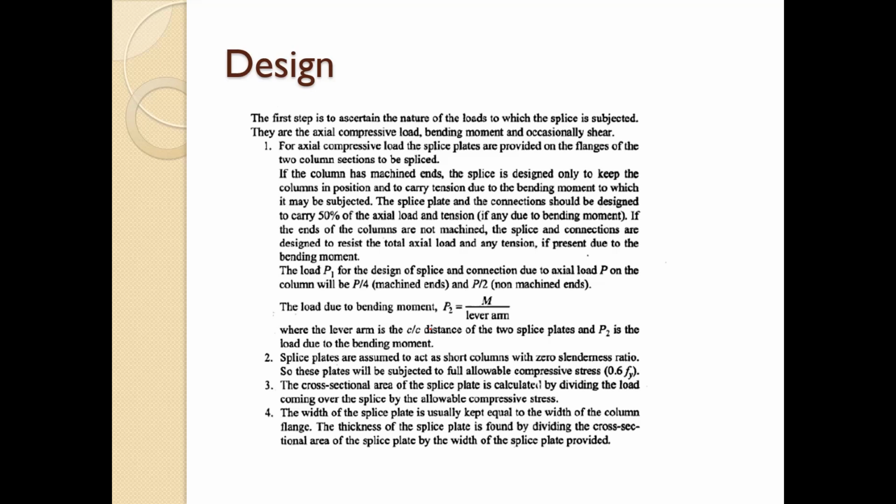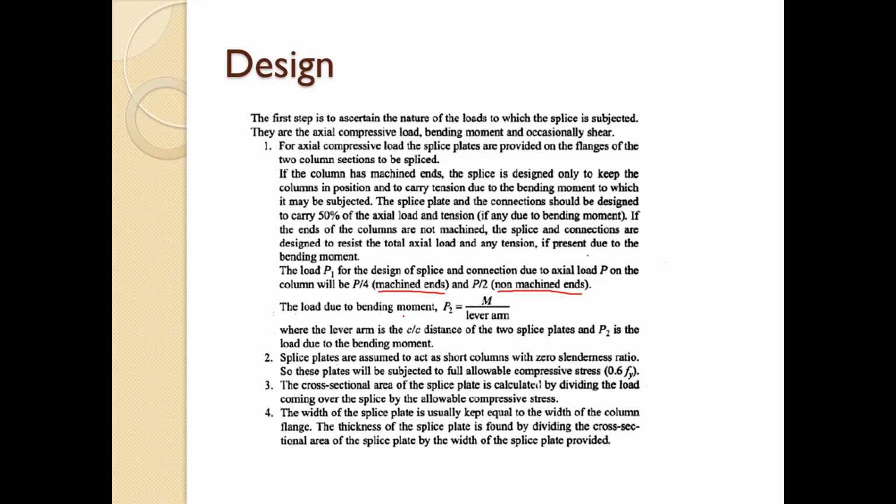If the ends of the column are not machined, the splice and the connection are designed to resist the total axial load and any tension if present due to the bending moment. So, the load P1 for the design of splice and the connection due to axial load P on the column will be P by 4 for machined ends and P by 2 for the non-machined ends.